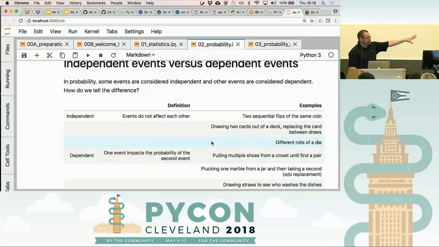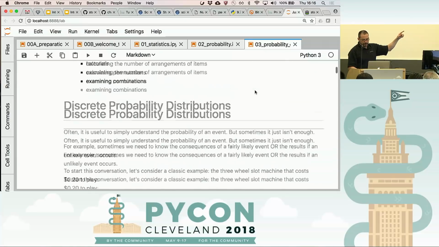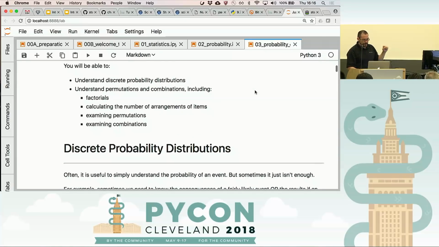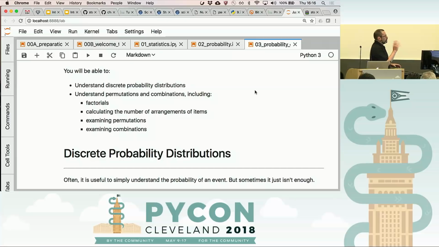I'm going to let you guys read this section on independent events, and we're going to move on to lesson 3 in the interest of time. So you guys can go back and read that on your own. We want to look really quickly at what we call discrete probability distributions. And then we want to understand a little bit about factorials, permutations and combinations, and what those are for and what they mean. In the middle of this, we're going to do a field trip.